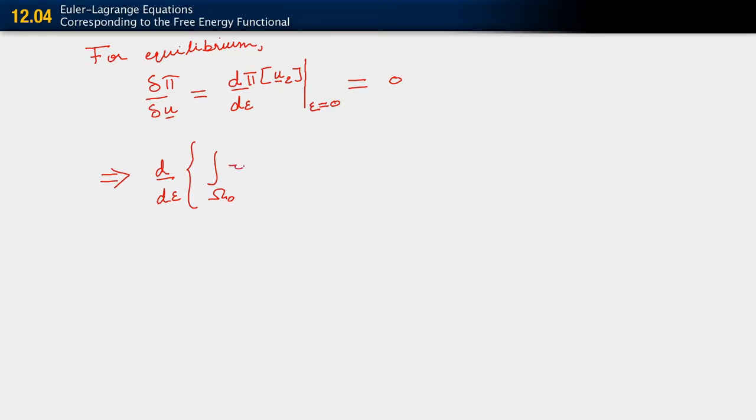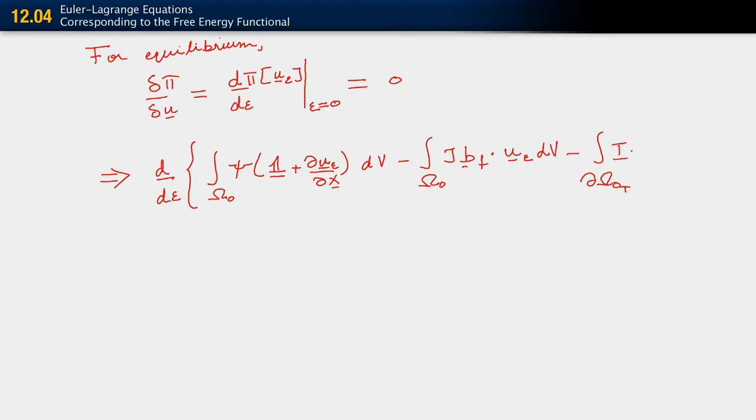In the first integrand, we have psi, which is a function of the isotropic tensor plus the displacement gradient tensor, dV, minus integral over omega naught of J BF dotted with u, except that now I need to remember that we are evaluating everything at u sub epsilon, dV, minus the integral over the traction boundary of T dotted with u sub epsilon dA.